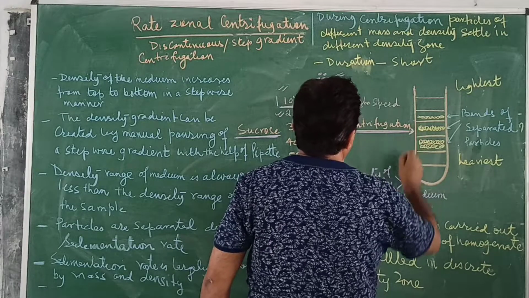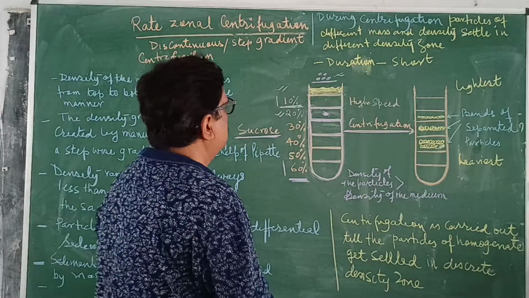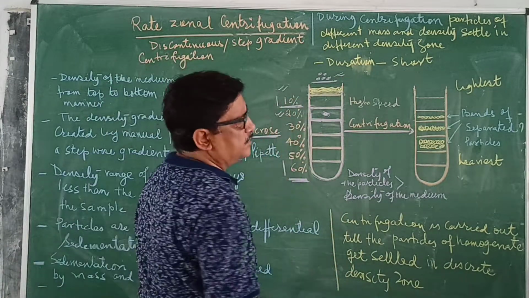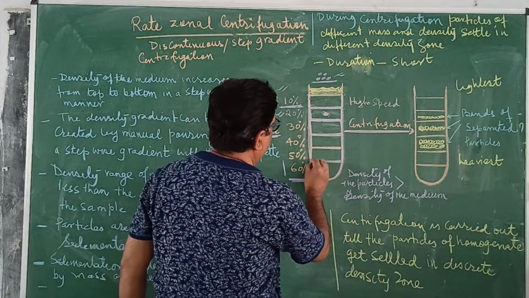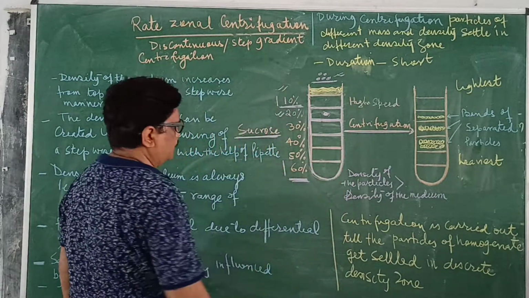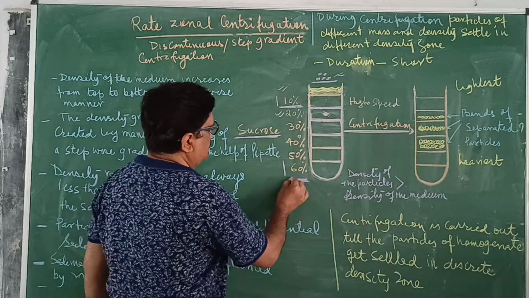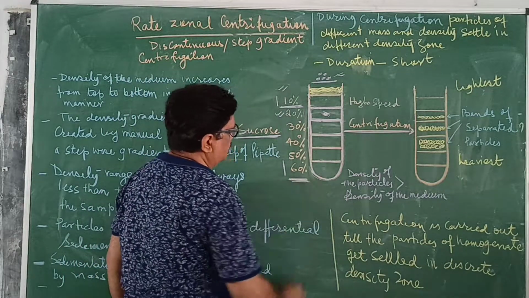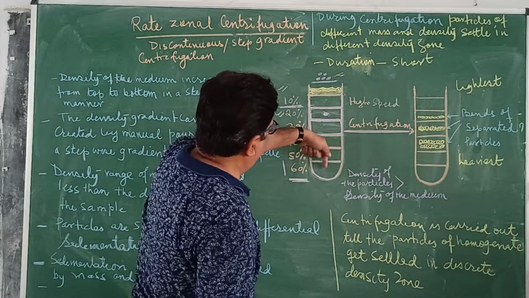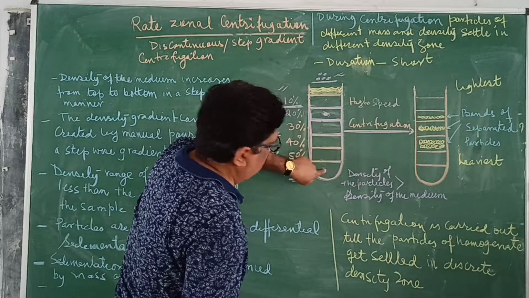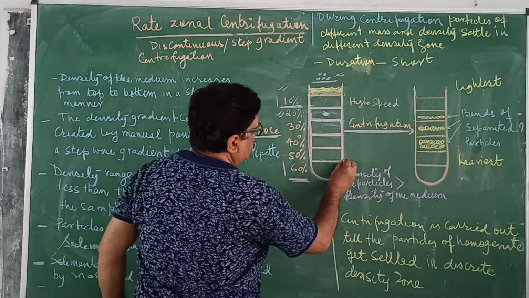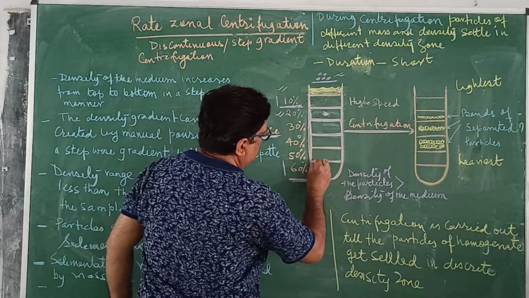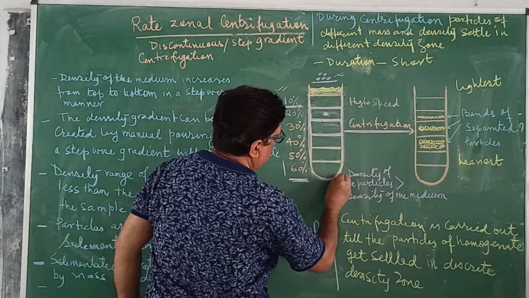But this type of gradient can also be created manually, with the help of a pipette. Suppose we take 60% sucrose and pipette it into the centrifuge tube. The 60% sucrose will settle over here.